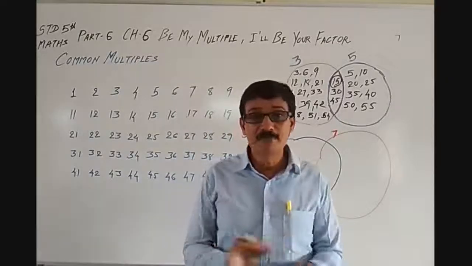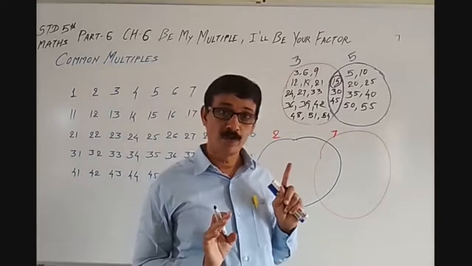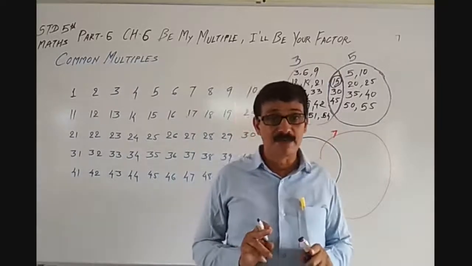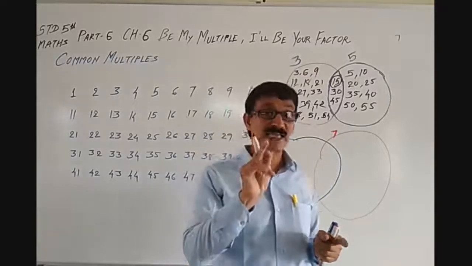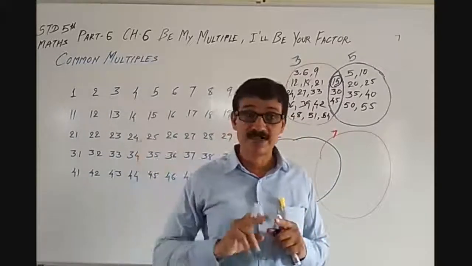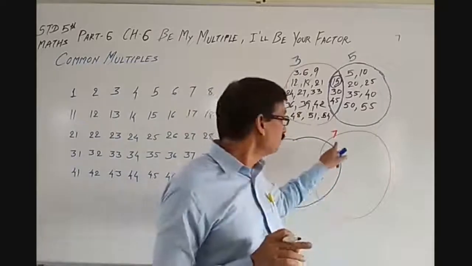So all even numbers are multiples of 2. And for multiples of 7, you must be aware of the table of 7: 7 ones are 7, 7 twos are 14, 7 threes are 21. All these are multiples of 7.